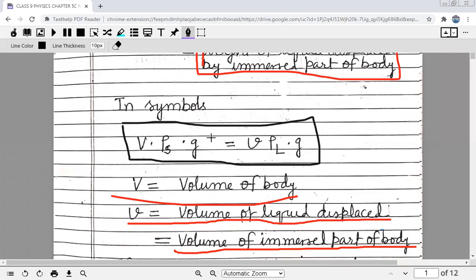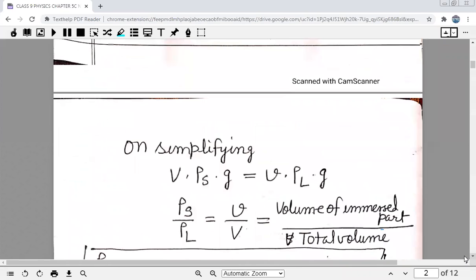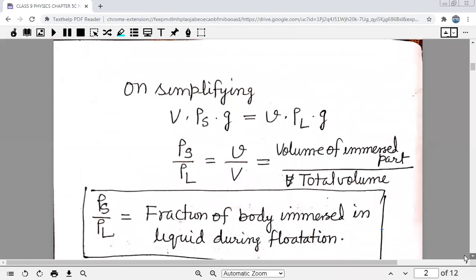Then you can see here we can cancel g on both sides. When you cancel g on both sides, what will you get? So see the next page. On simplifying, when you cancel g and rearrange the terms, you bring rho L to the left hand side.